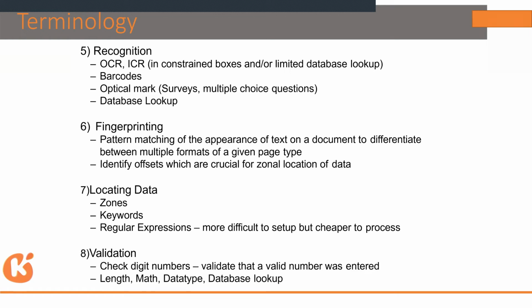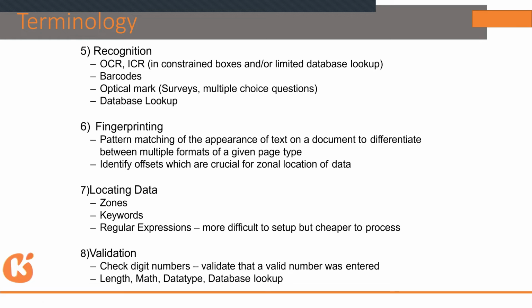Okay. So in the validation step, we can validate the data we have extracted based on the above techniques. For example, I am using the fingerprinting zones to extract some kind of value. For example, I have extracted a name using the fingerprinting. So in the validation step, I can validate whether it is a name or not.